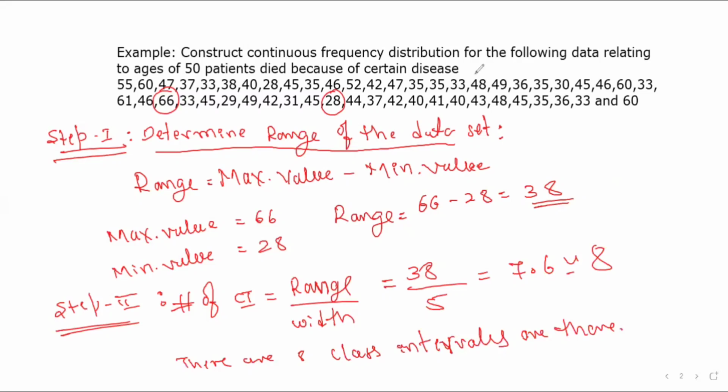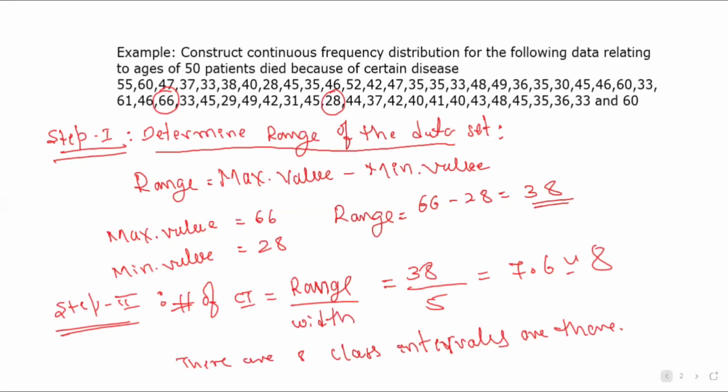But in the question, there is no information on inclusive or exclusive, so we use the default method. The default method is exclusive class intervals. Exclusive class intervals means the upper limit is the same as the lower limit of the next class interval, right?